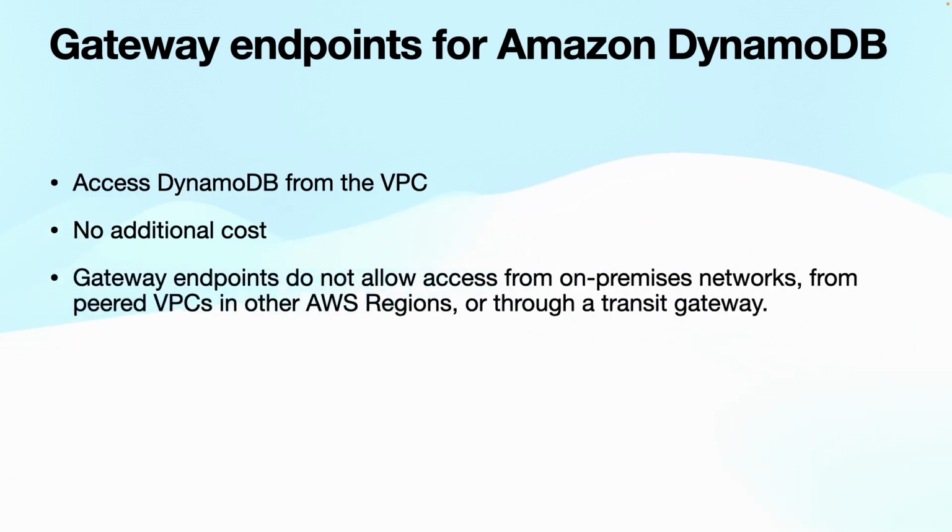For on-premises private network connectivity to gateway endpoints, customers often set up proxy servers or firewall rules to route and restrict traffic to DynamoDB, as gateway endpoints are not compatible with AWS Direct Connect or AWS Virtual Private Network.